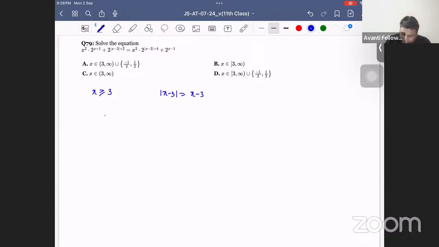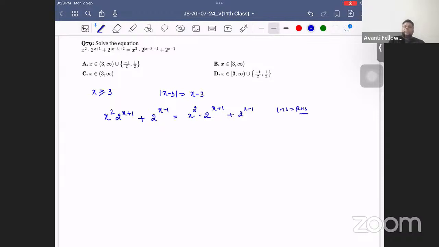So your question will be x square 2 raised to the power (x plus 1) plus 2 raised to the power (x minus 3) plus 2, x minus 1 is x square 2 to the power (x plus 1) plus 2 to the power (x minus 1). Now, if you realize its LHS is equal to its RHS.